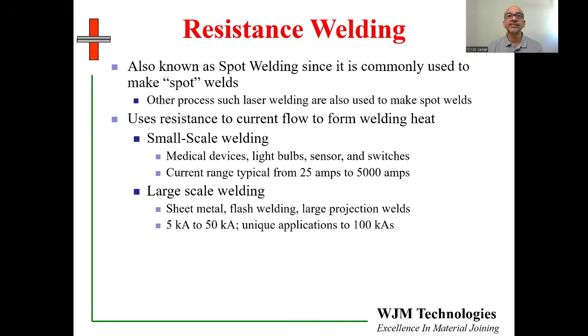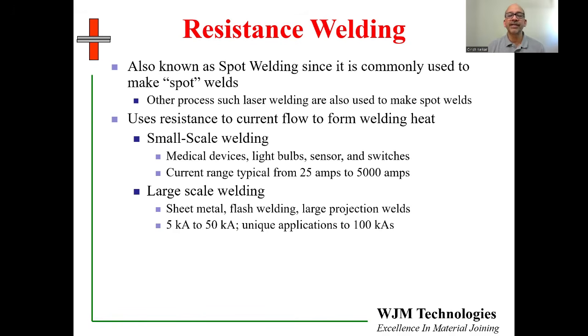You can distinguish resistance welding into two categories, small-scale resistance welding and large-scale resistance welding. In small-scale welding, we are looking at making devices which are quite small, so that you can work on a lab bench and have a tray full of parts right next to you.